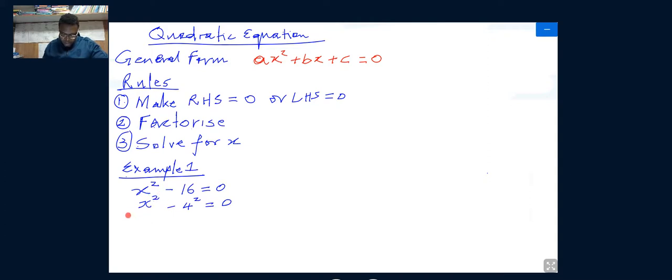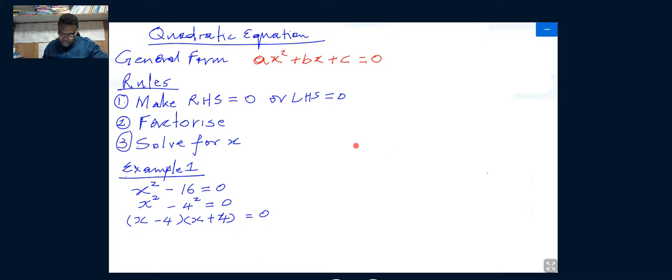And then I'm going to open the brackets. I'm no longer going to explain much here because we did talk about factorization. x minus 4. Because it's a difference of two squares, we're going to have alternate signs.